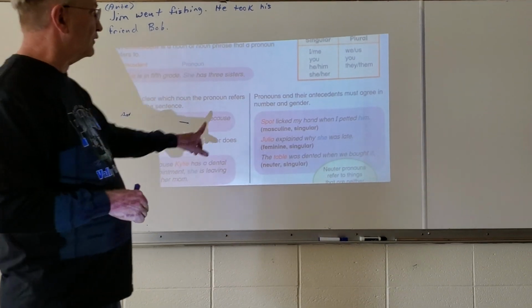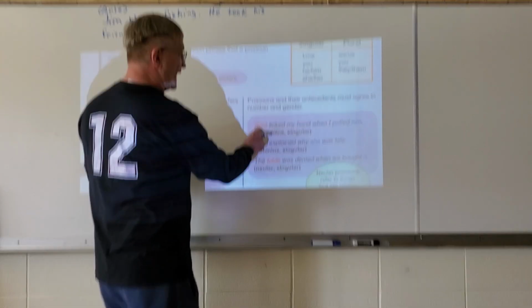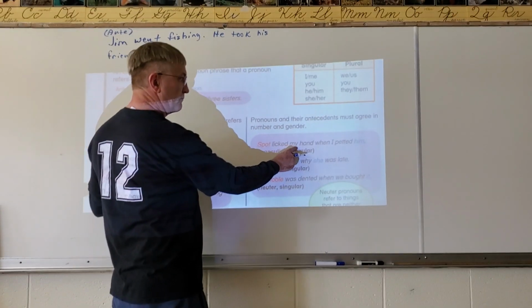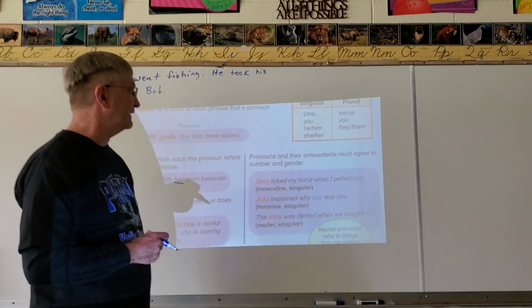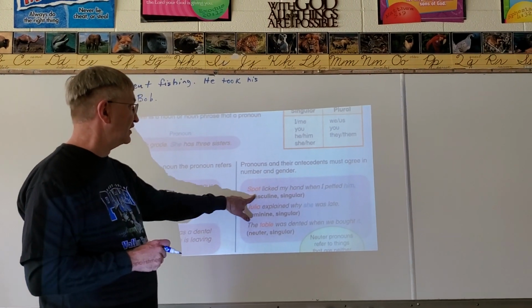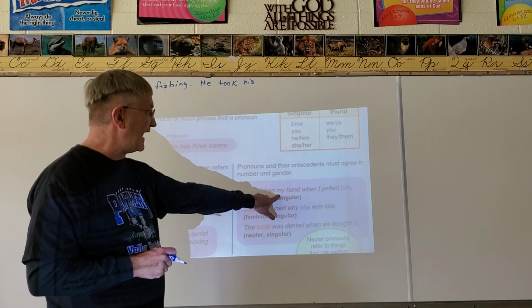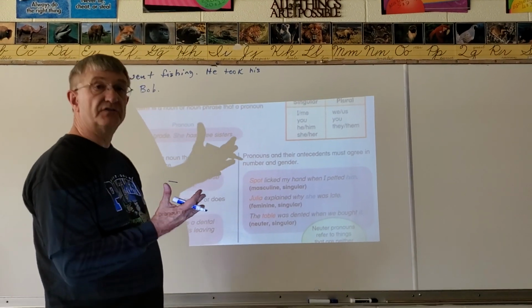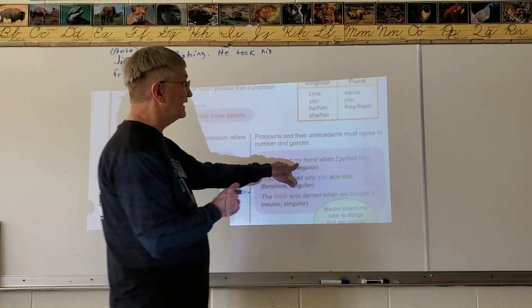We have over here pronouns and their antecedents must agree with the number and gender. Spot is singular, licked my hand when I petted him. All right, so in other words, my hand is referring to a person, singular person. So we use my.